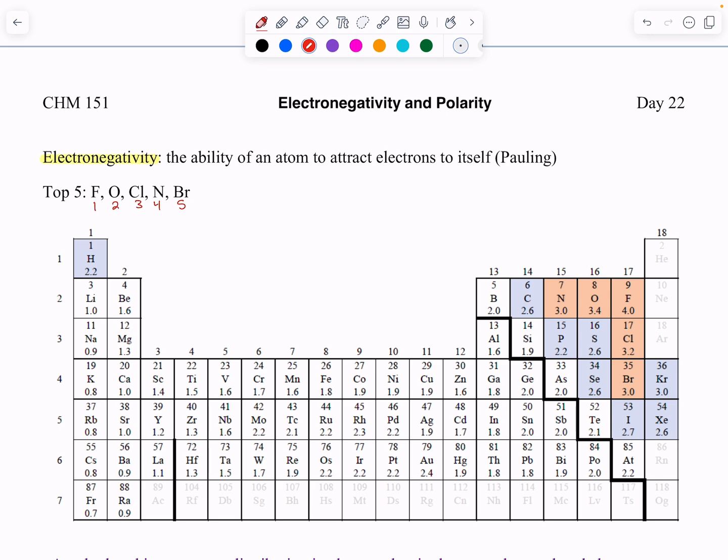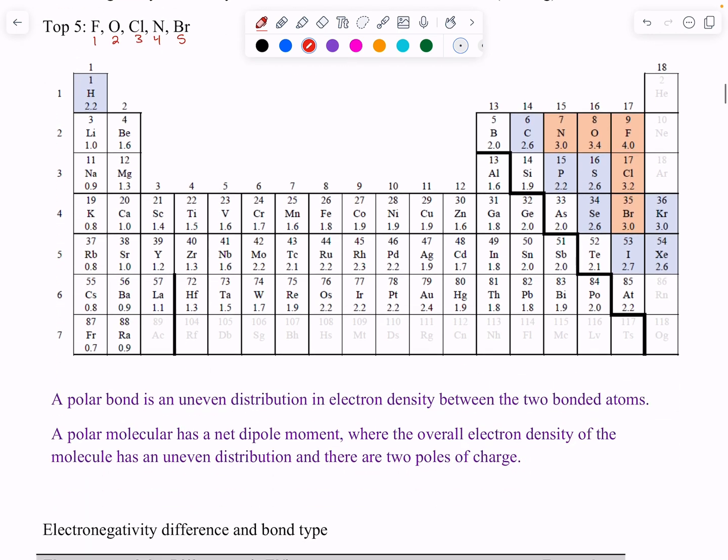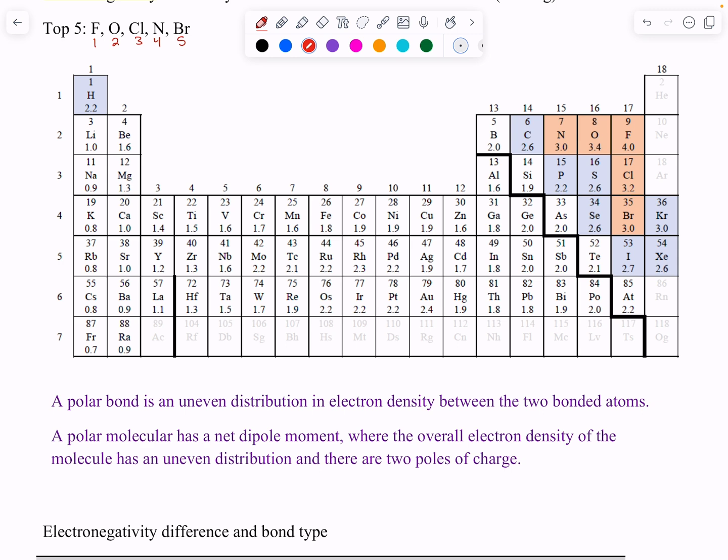Actually, nitrogen and bromine, our book has them as the same value. Chlorine is big compared to oxygen and nitrogen, so there are a few differences there. A polar bond is an uneven distribution of electron density between the two bonded atoms.